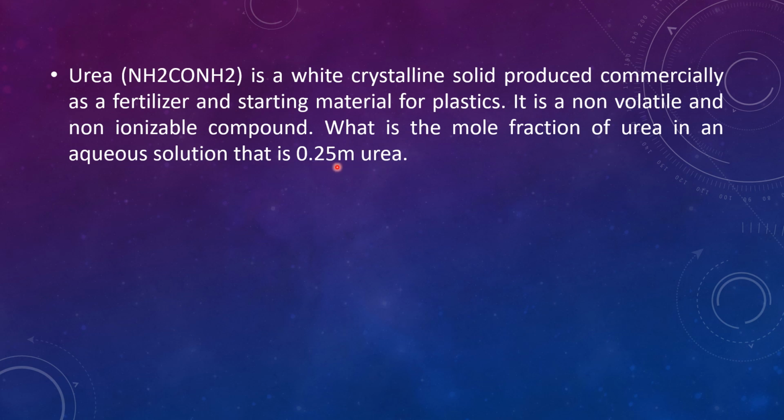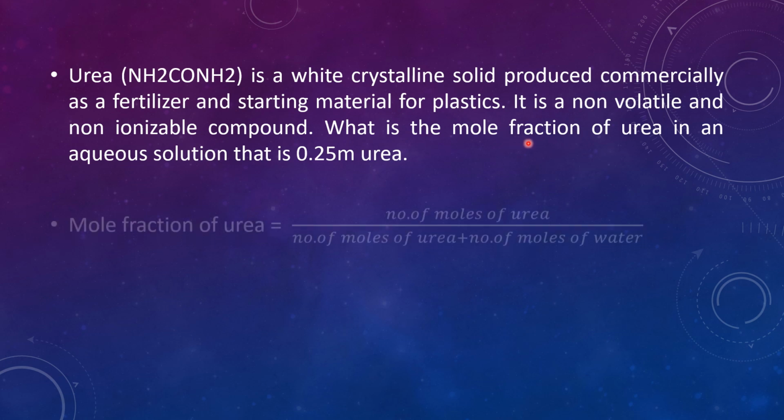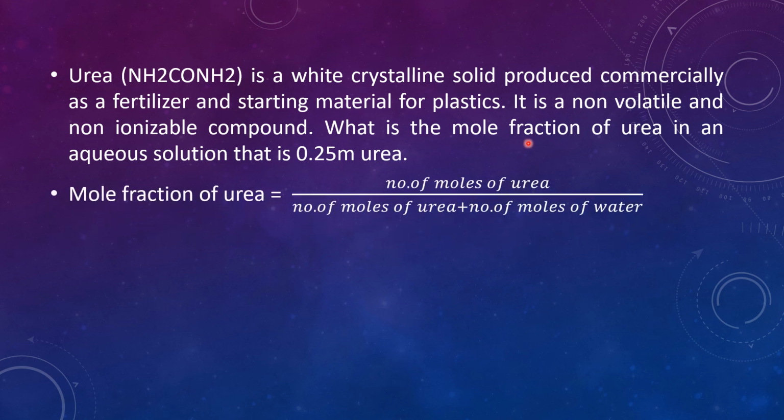So the molality of the solution is given to you, and you have to calculate the mole fraction of urea. The mole fraction of urea will be equal to the number of moles of urea divided by the number of moles of urea plus the number of moles of water. Definitely there are two components present: one is urea and the second is water.